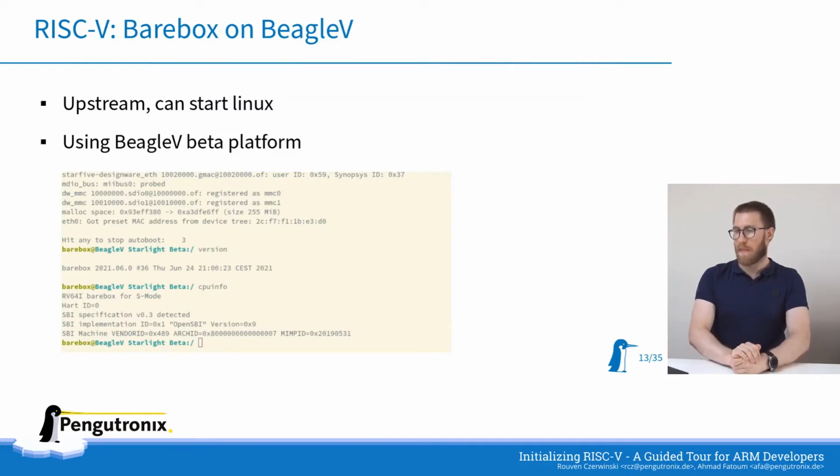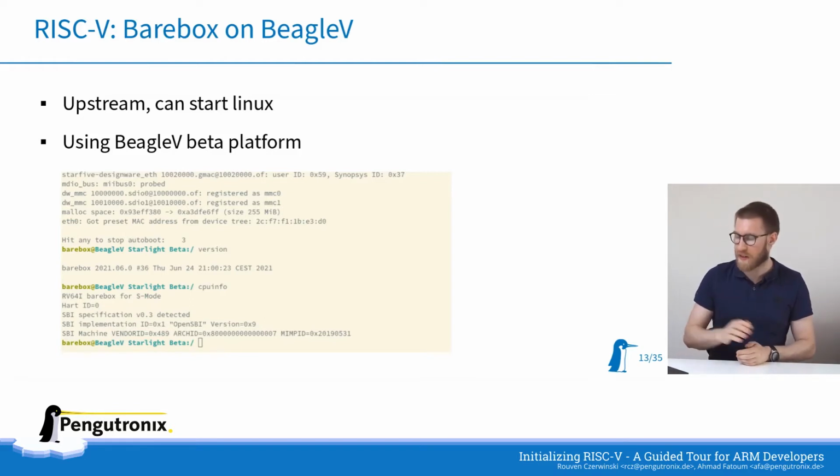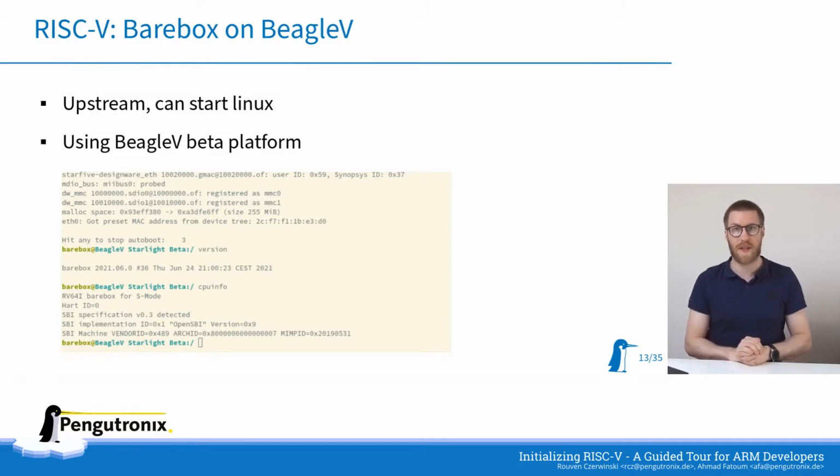Next up is Barebox on Beagle-V. We have the support for that upstream, and it can start Linux just fine. So if you have access to a Beagle-V beta board, please don't hesitate to test out Barebox on the platform. And you can see on the bootup that, or in this case it's not shown, but first up the Beagle-V also starts an OpenSBI payload as the supervisor binary interface, and then next up jumps into Barebox.